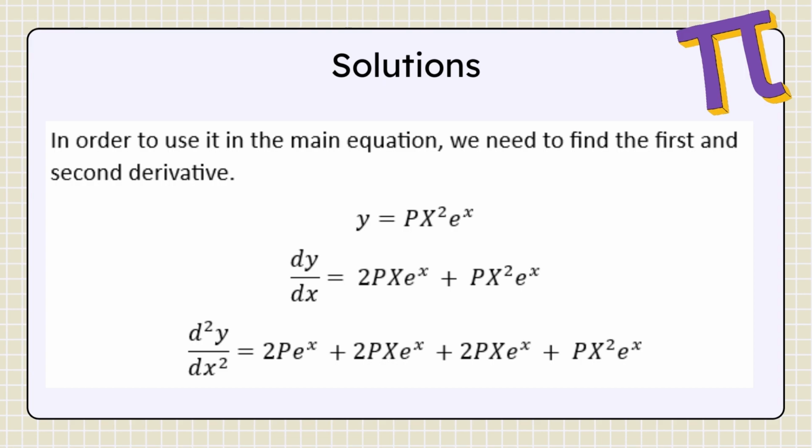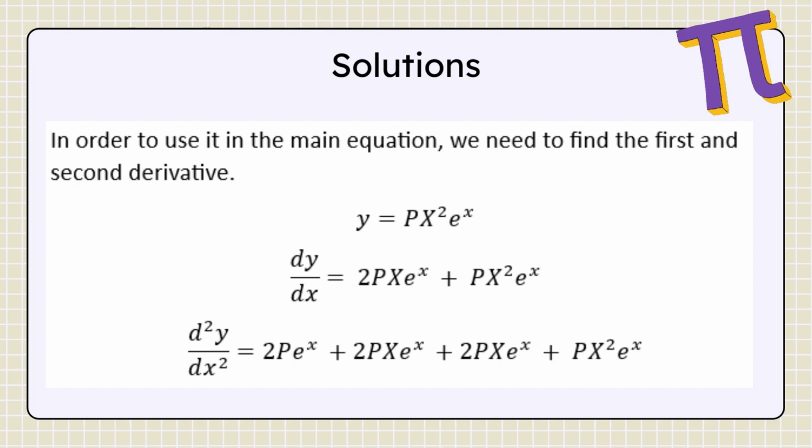And the second derivative is 2p e^x plus 2px e^x, also 2px e^x plus px squared e^x. Now we already have the derivatives of our y, or yp.